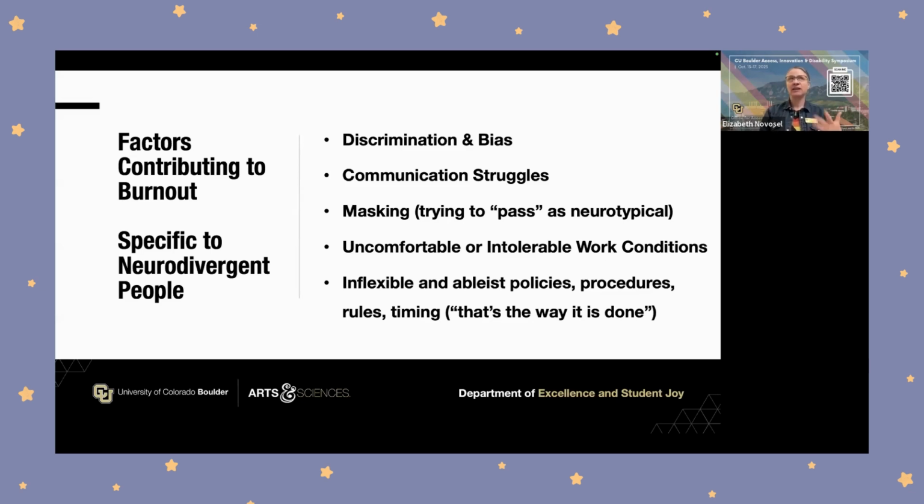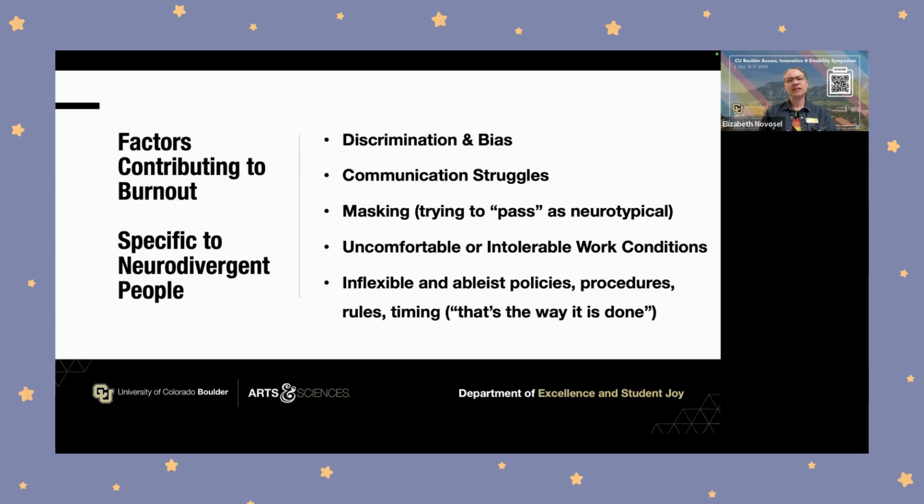As an invisible or non-apparent disability, a lot of times neurodivergent people have the choice to try to appear non-disabled, non-neurodivergent, and pass as what people call neurotypical, just to avoid the stigma, to avoid the questions, to just appear like anybody else, and try to avoid that bias.